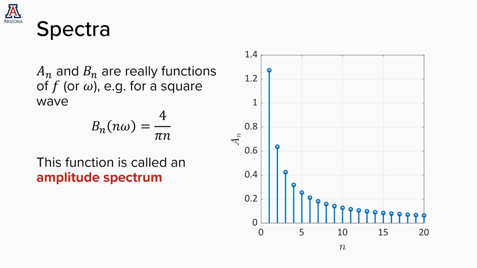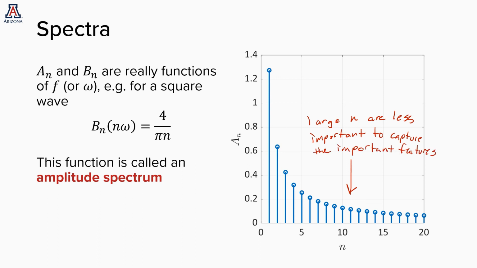Now the vertical axis here says an. That's a typo. It should say bn. And one of the things that you'll notice is that for the square wave, which is plotted over here, really it's only the first handful of these what we call modes that are containing much amplitude. And as you increase n, you start losing amplitude rapidly here until eventually it doesn't necessarily make sense to keep going out to n equals infinity.